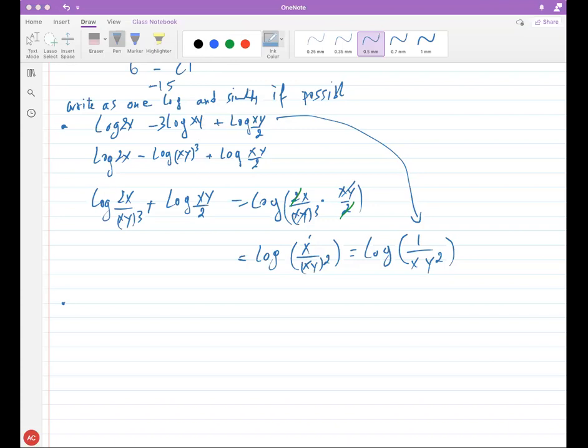We don't know what x and y are, so we leave that like that. If you have numbers, we try to simplify them. If we can't find that log, as we saw in the previous examples, we leave it like that. We don't want to write it as a decimal. But the question usually would tell you exactly what to do. It would say write as one log, or simplify, or whatever the case might be.